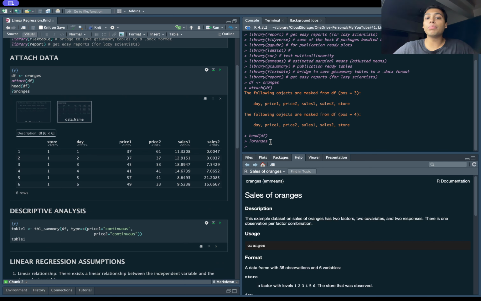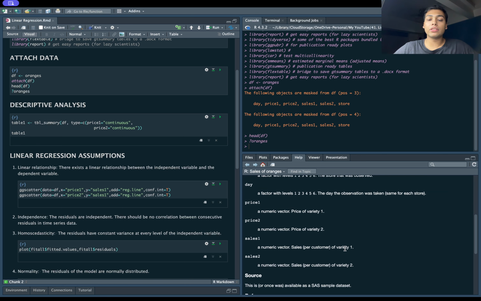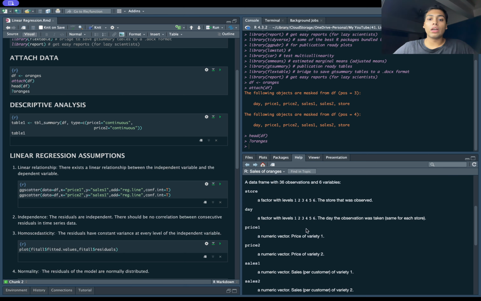Now, this is a data set on the sales of two varieties of oranges. To keep it simple, we'll be concentrating only on variety 1, but I encourage all of you, as a practice, to try it out with variety 2.